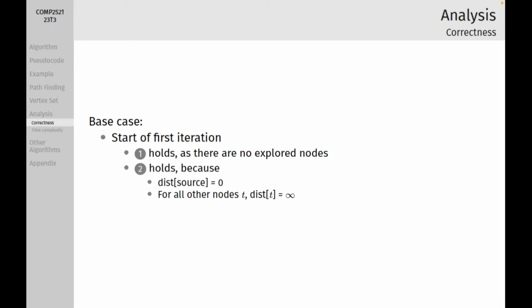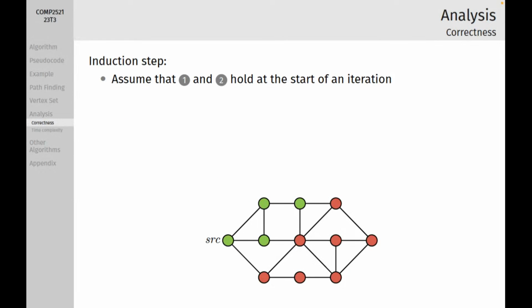So now let's apply the induction step. At the beginning, we assume that these two properties hold at the start of an iteration, and what we want to show is that at the end of the iteration, the properties still hold.